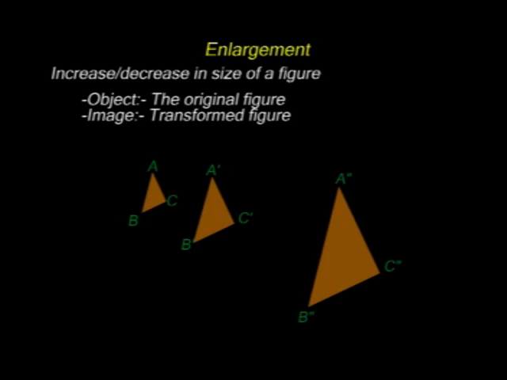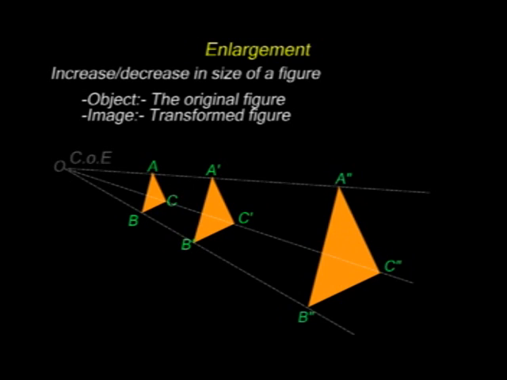So look at this enlargement on your screen. Triangle ABC has been enlarged twice, first to triangle A prime B prime C prime and then into A double prime B double prime C double prime.